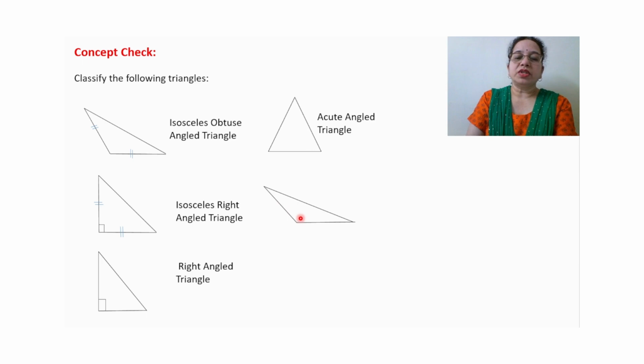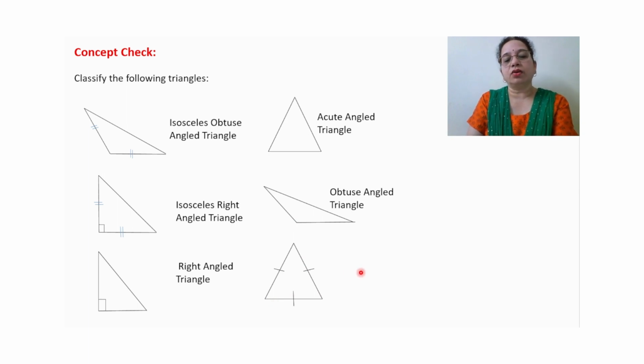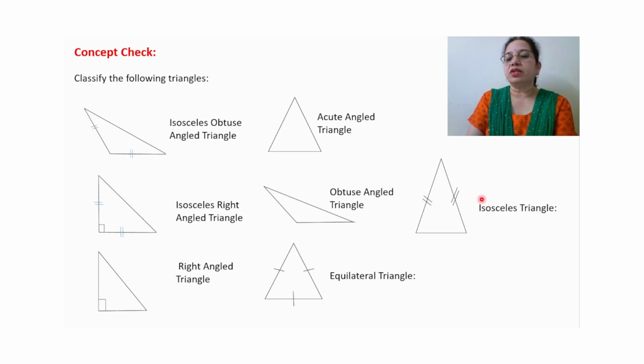This is an obtuse angle, obtuse angled triangle. Now here all the three sides are equal, so we can say equilateral triangle, or all the three angles are acute angles, so we can say acute angled triangle also. Now here two sides are equal, so this is an isosceles triangle. All the three sides are different, so this is a scalene triangle.